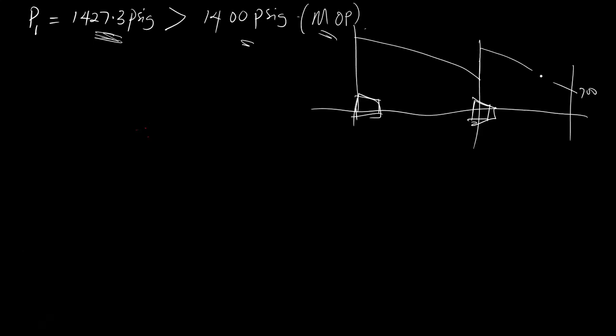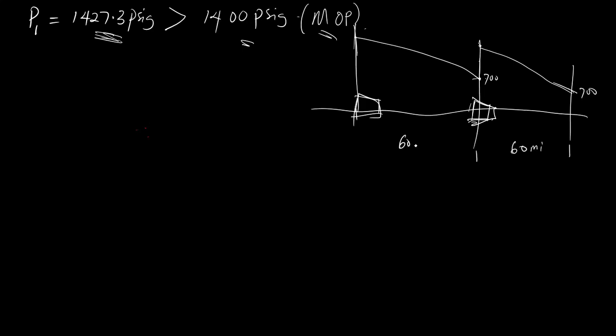Now from here like this. Now here should be like 700. Now what I'm proposing, I want a situation where this is located at the middle. So here is 60 miles.